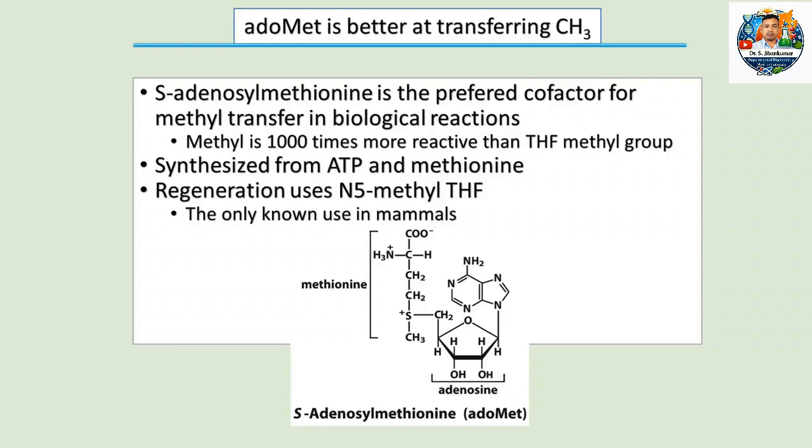Even here, this methyl which is linked to S-adenosyl methionine is 1000 times more reactive than that of the tetrahydrofolate methyl group. So in most of the reactions where there is transfer of methyl groups, S-adenosyl methionine will be used as a methyl group donor.